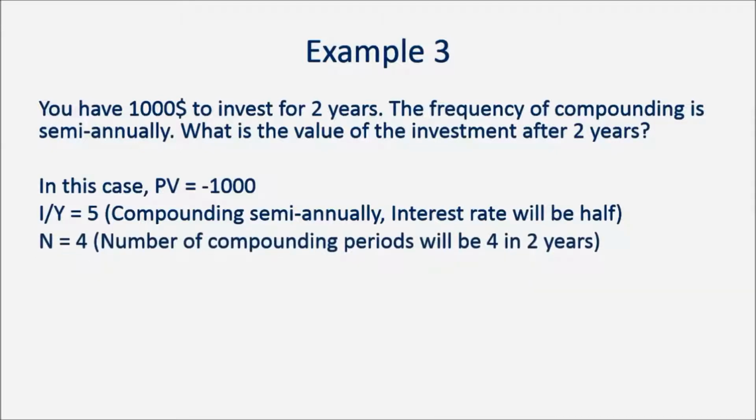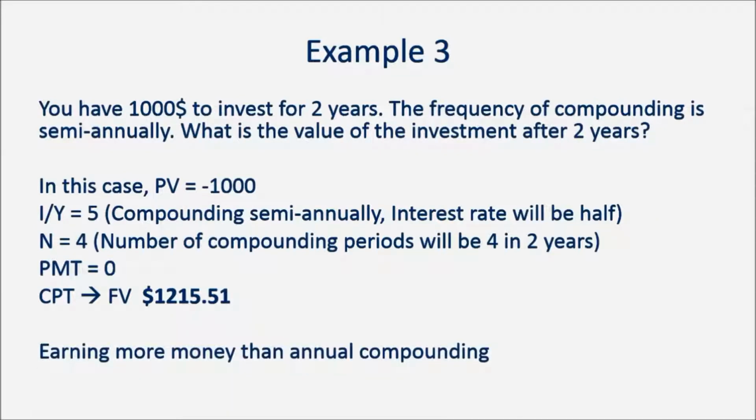N is 4. Again, the number of compounding periods will be 4 in 2 years. PMT is 0. And when we compute future value, we get the answer as $1,215.51. So, as you can see, we are earning more money than when we were compounding annually.